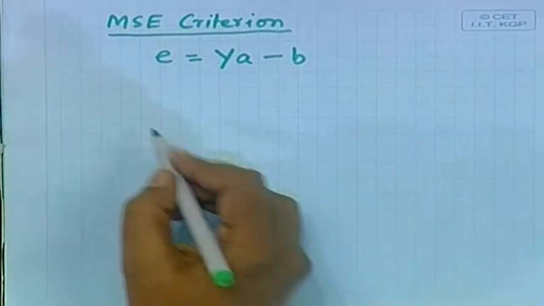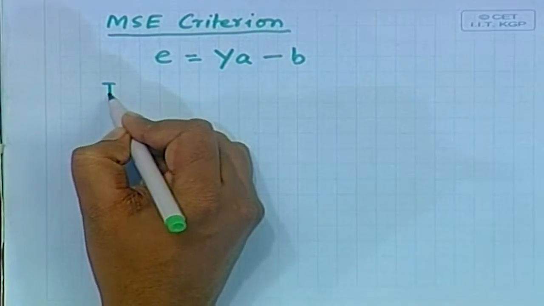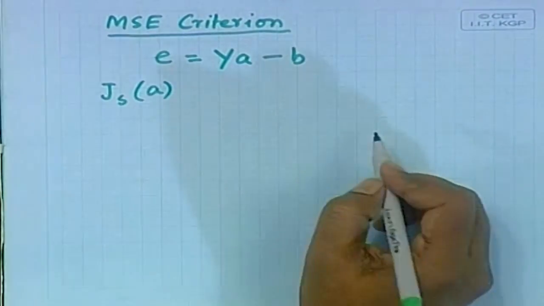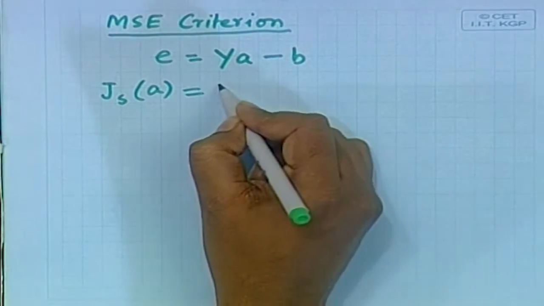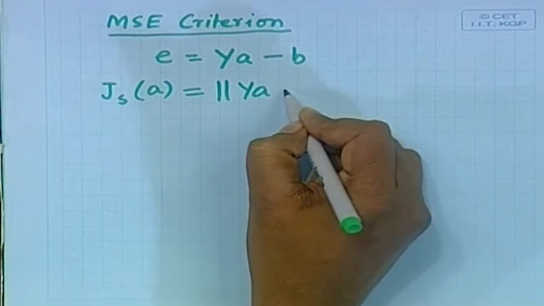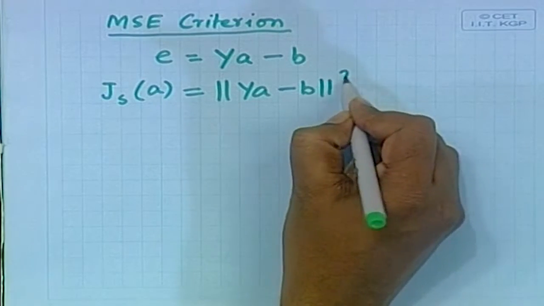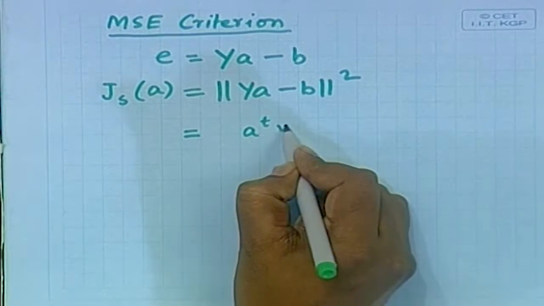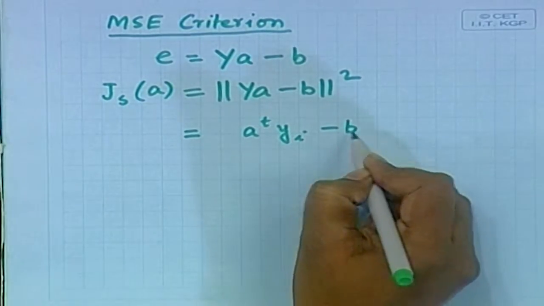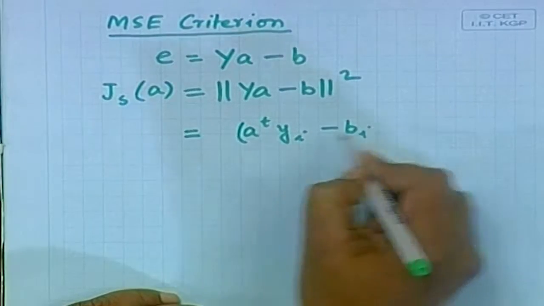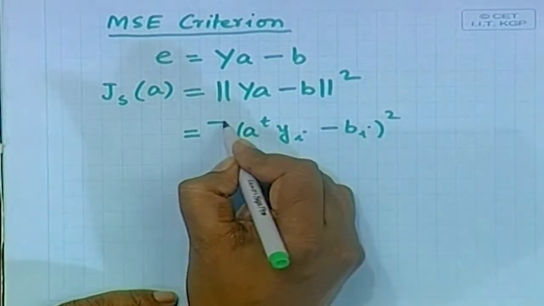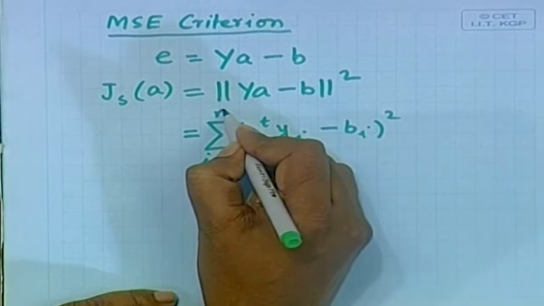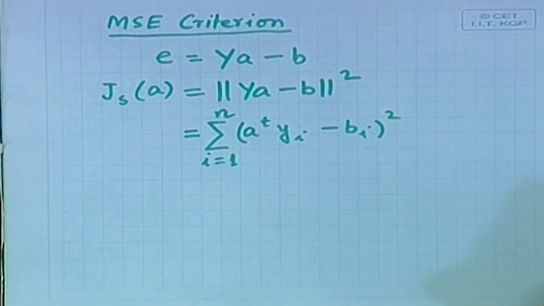Accordingly, you define the squared error criteria, which is given by Js as a function of a, which is nothing but the norm of Ya minus b squared, and I can expand it as the summation of a transpose yi minus bi, squared, over all the samples i equal to 1 to n, if I have n training samples.